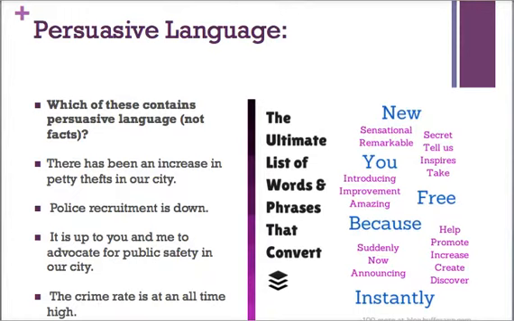And obviously, that's not an exhaustive list, that's not a complete list of persuasive language, but those are keywords to tell you when a phrase or story is trying to use persuasive language.